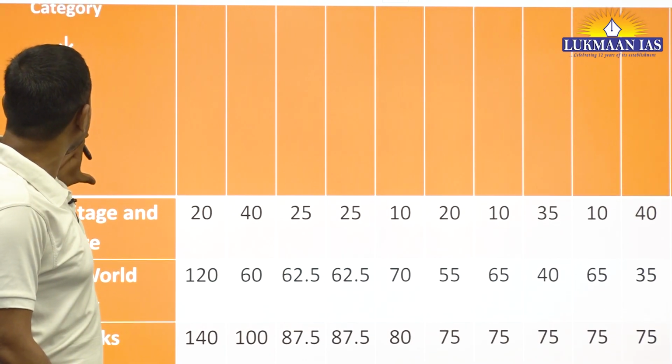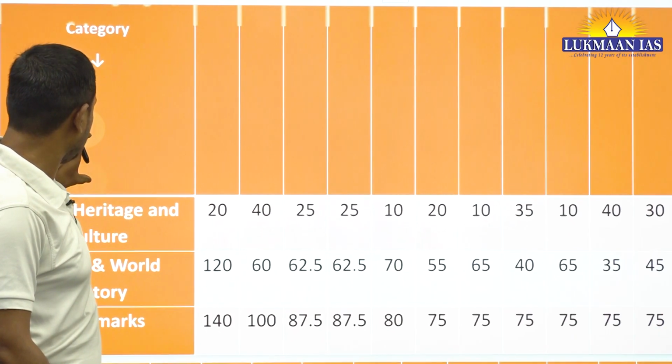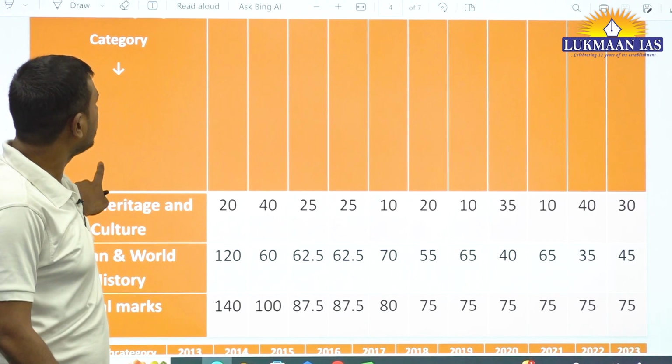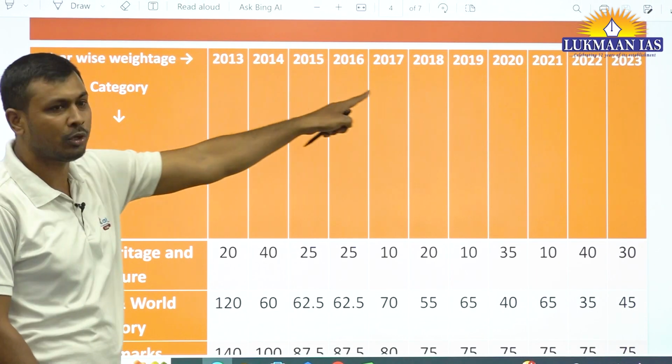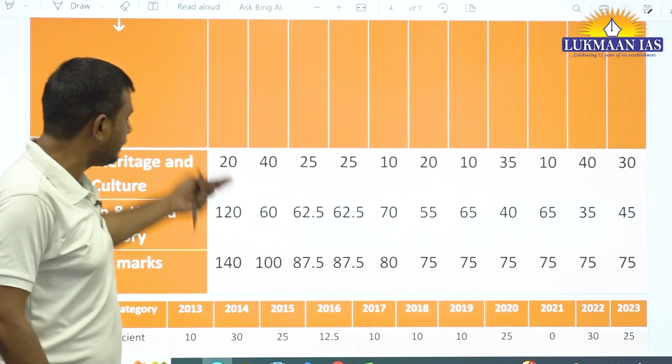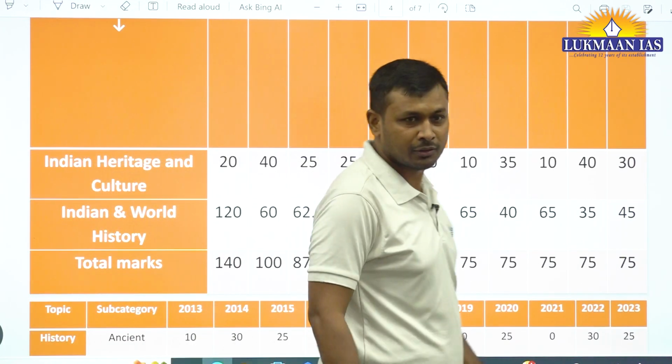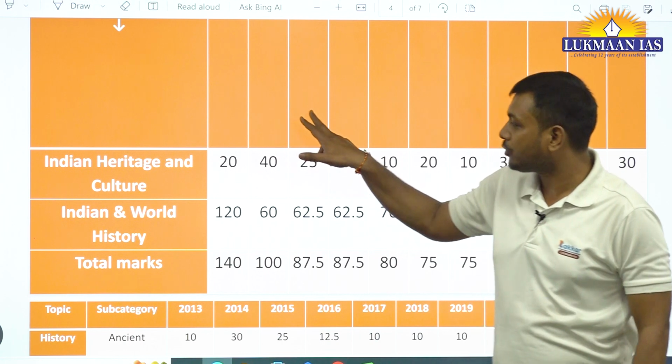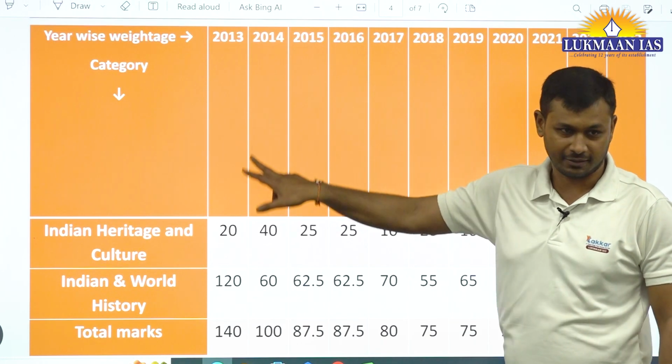Generally if we see the nature of the questions, it is from 2013 going up to 2023. When for the first time the syllabus was changed, at that time the number of questions asked in history was magnificent.